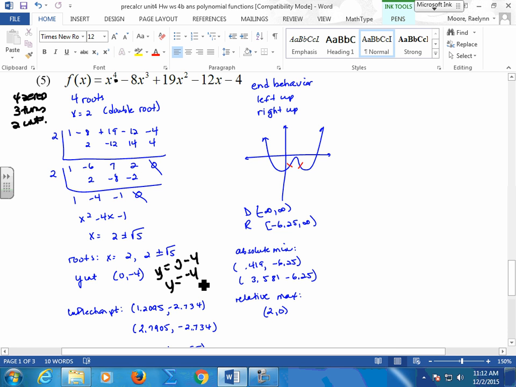Yes? I have a question. When b is already a negative number, do you make it into a positive? When you're doing the algebraic expression, like you got 2 plus or minus square root of 5, because if you reduce it, if it was like a negative 4, wouldn't that be negative 2 plus or minus square root of 5?